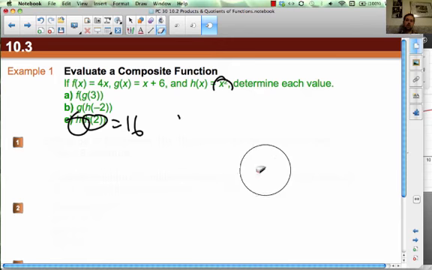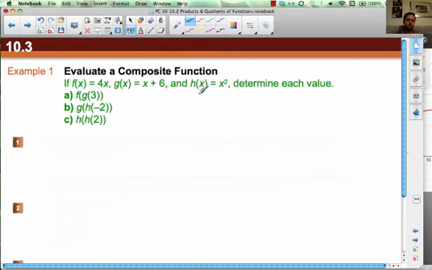Now, if you want to see it the other way, where we do the function first, we would take our h function, which is x squared, and instead we do h of x squared.